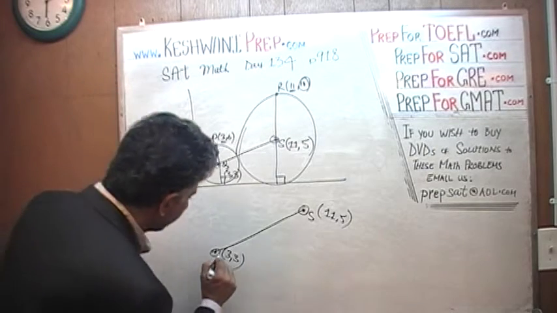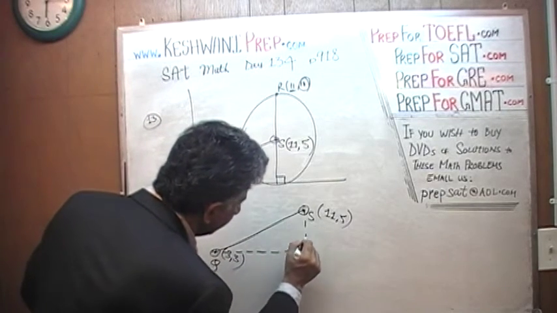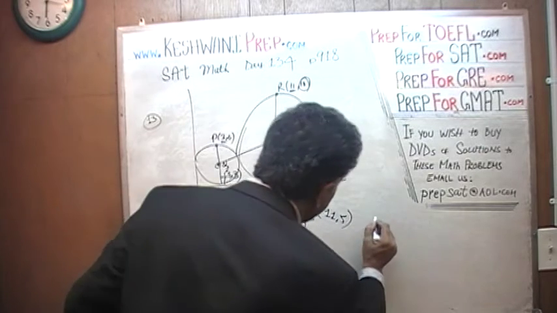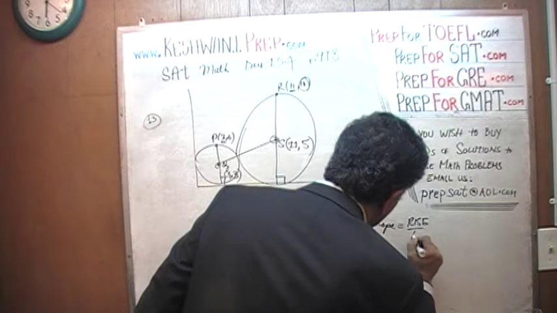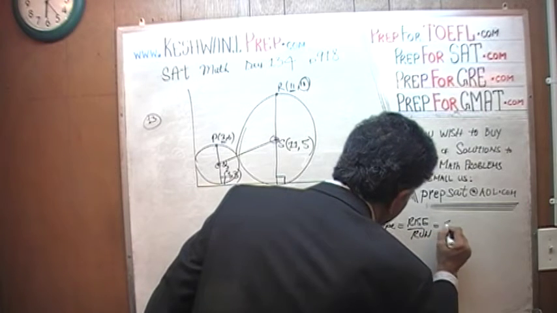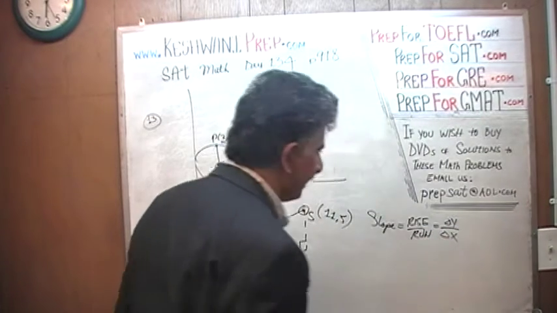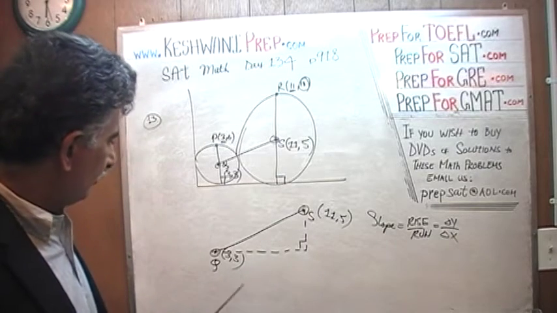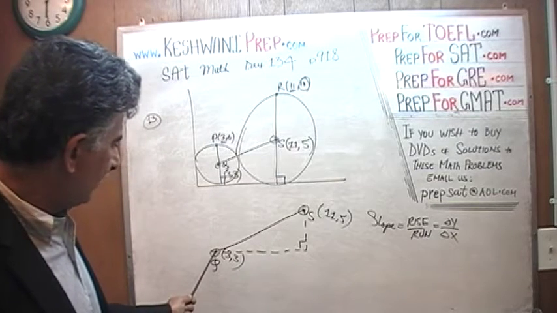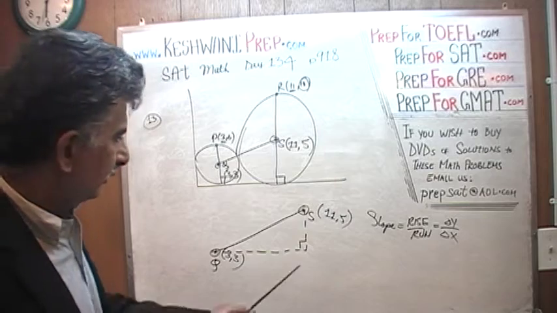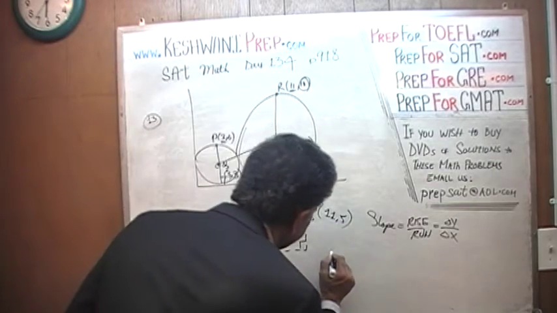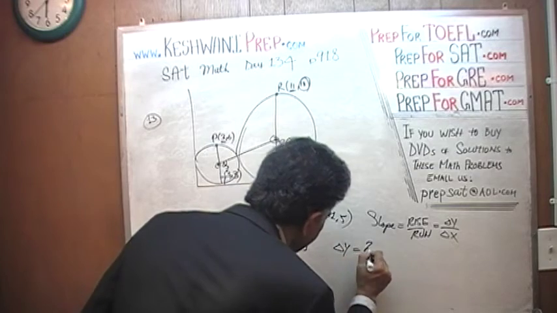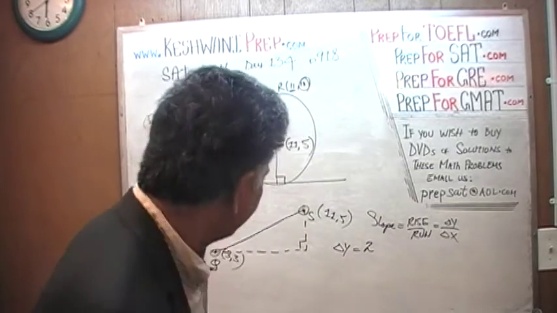The question is, what's the slope of the line? Well, slope of the line is simply rise over run, which is the same as change in y over change in x. So what is the change in y as we go from Q to S? It goes from 3 to 5, so the change in y is 2. Or actually, let's not be lazy.